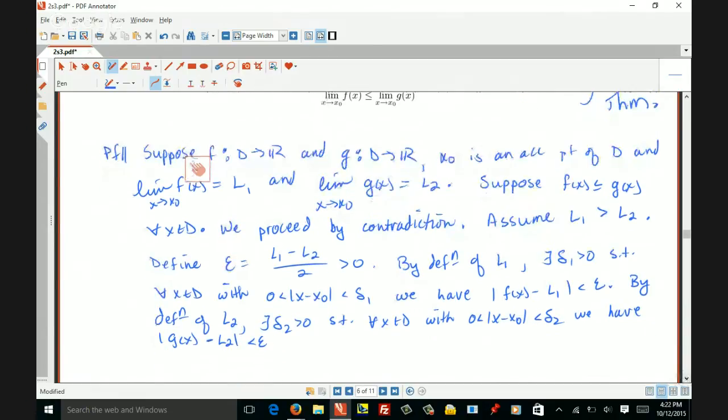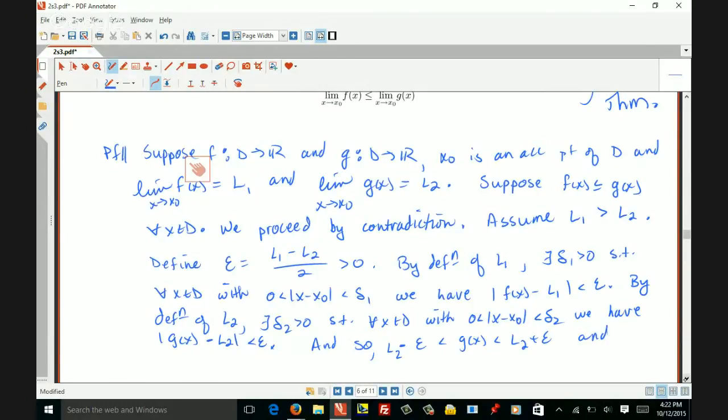Let's break them down. Let's do g of x first. I'm going to have L2 minus epsilon is less than g of x is less than L2 plus epsilon. We've done that so many times, we should know that process by now.